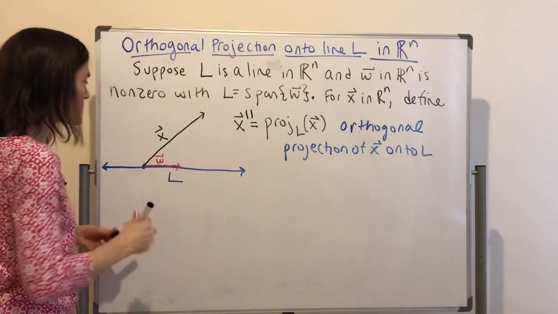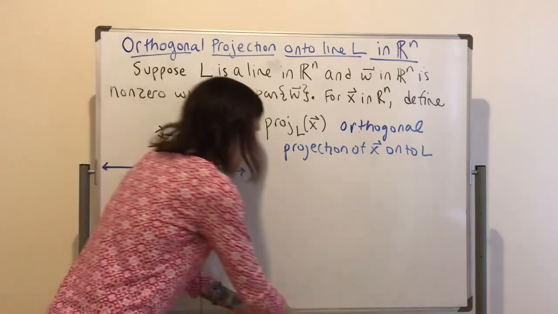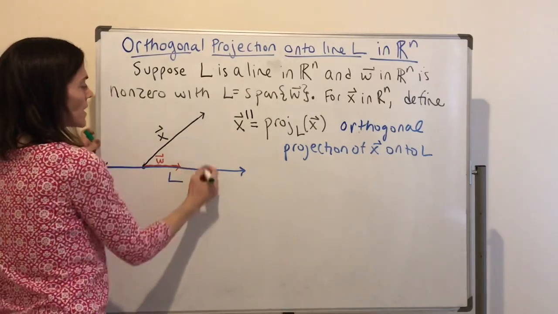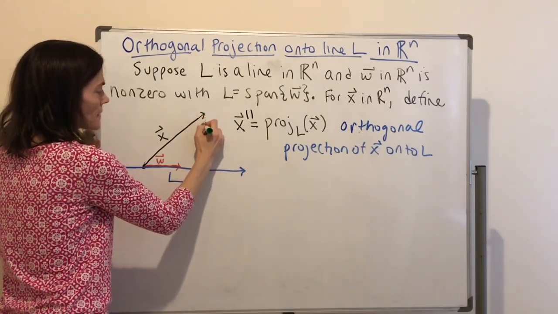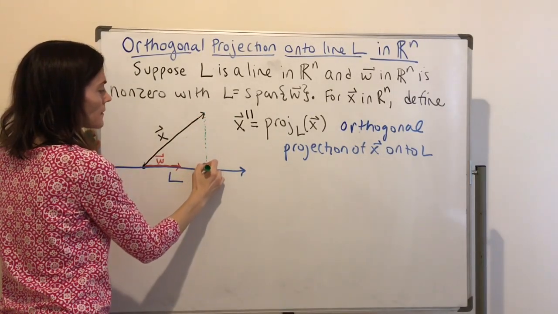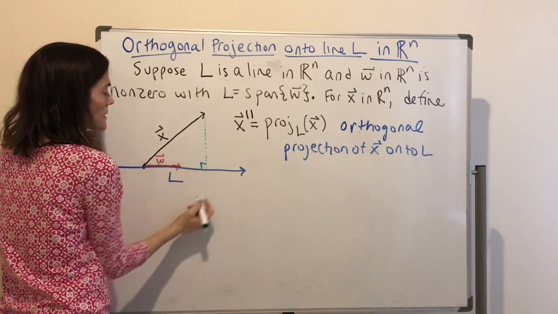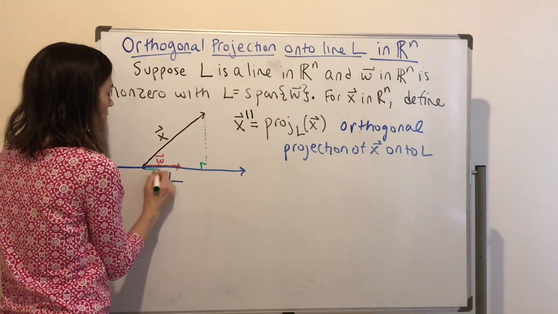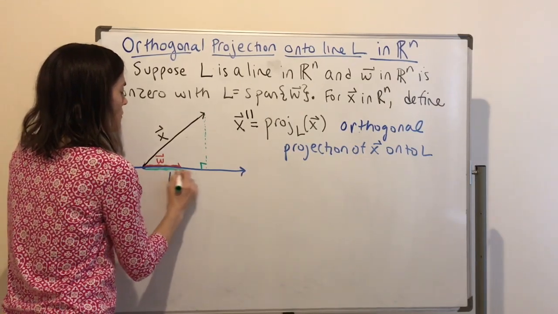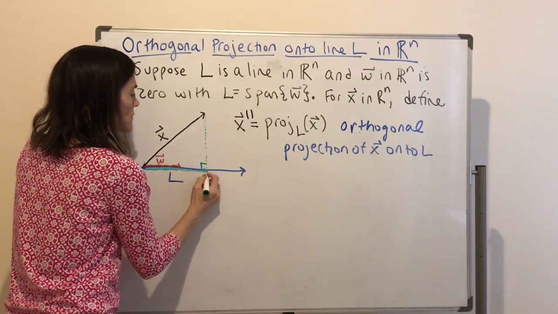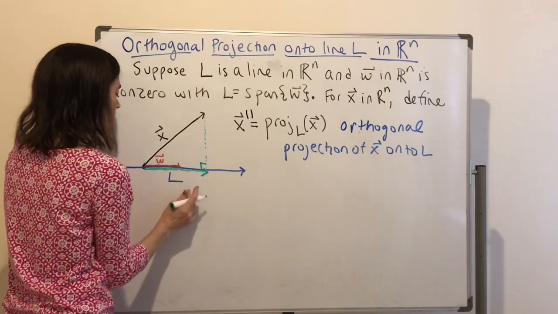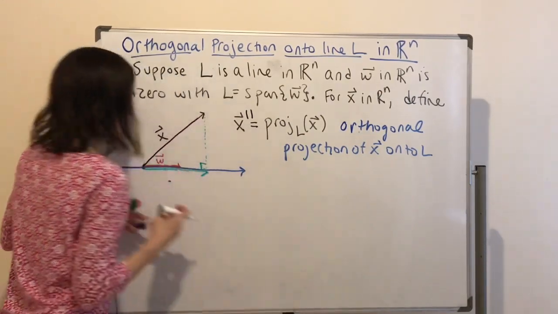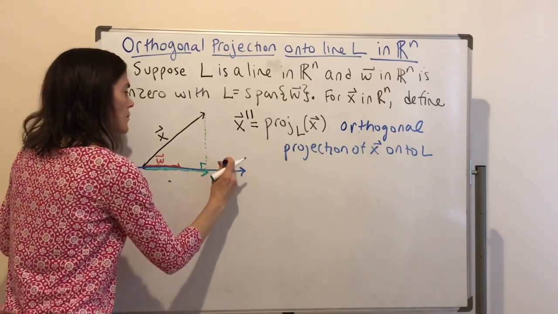Well, what is it in this picture? What color can I use? Green. It's like this. Well, you would just drop a perpendicular. This is now 90 degrees, and it's this vector to here. Okay? Maybe I will move my label of my line because the line is forever, so I'll put L here.